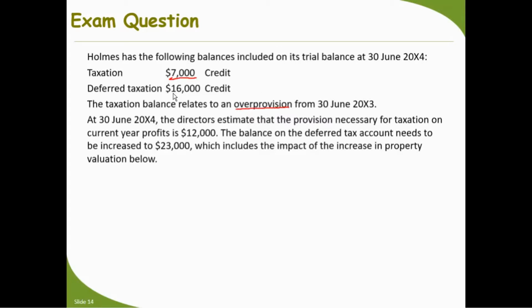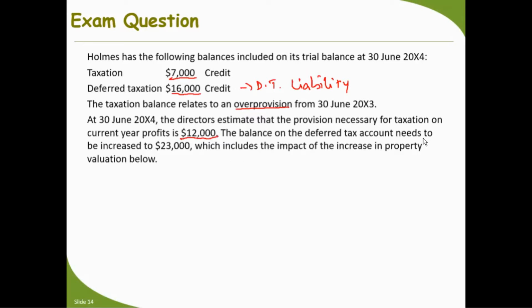And deferred taxation 16,000 means deferred tax liability. At 30th June 2004, the directors estimate that the provision necessary for taxation on current year profits is $12,000. So current year estimate is 12,000.